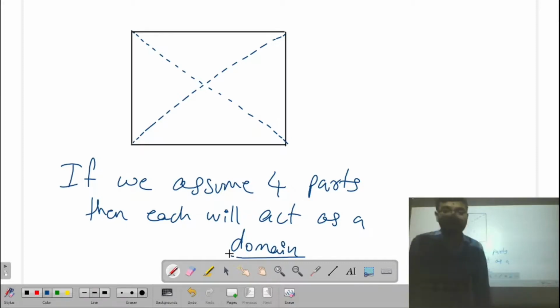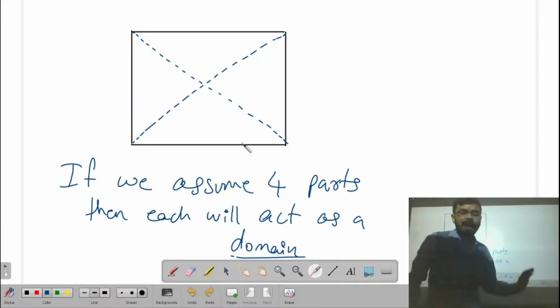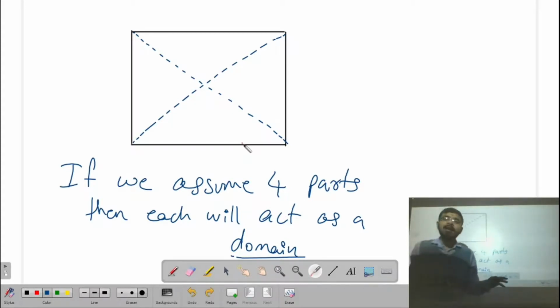So a domain is nothing but a small part of a whole material, right? This is the whole material, and we are dividing it into four parts just for our understanding, but in actual practice domains will be smaller in size, and there will be a multiple number of these small parts in a solid. But we are assuming these four domains just for our understanding, right?